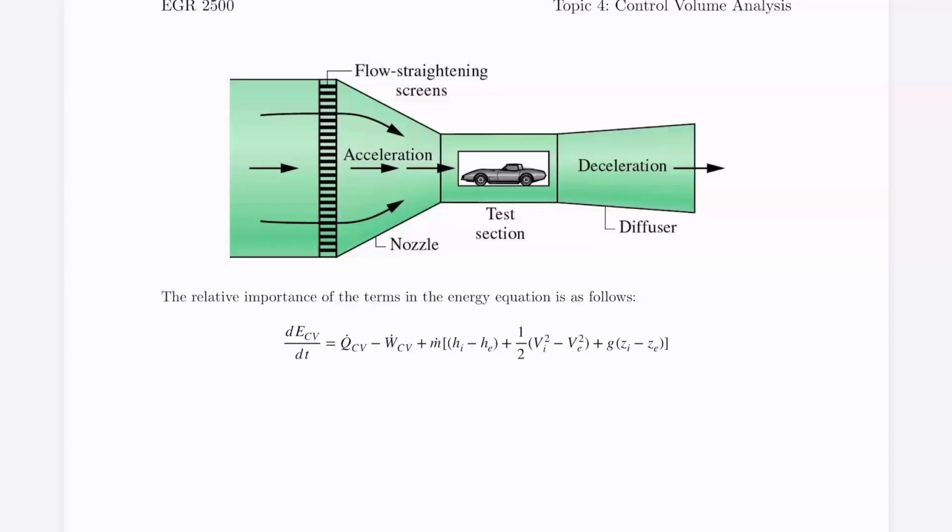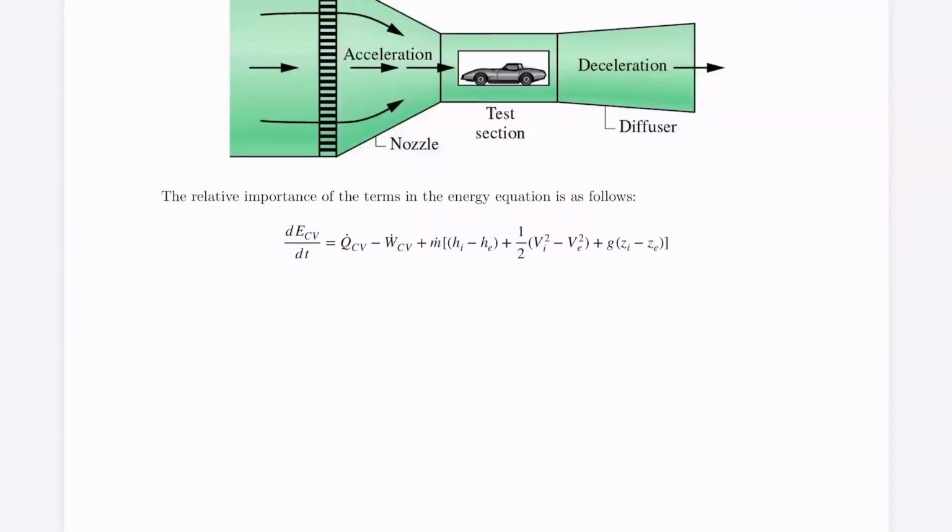Okay, so let's talk about the relative importance of terms in the energy equation. So our handy dandy energy equation is given to us right there. And we want to simplify this for nozzles and diffusers.